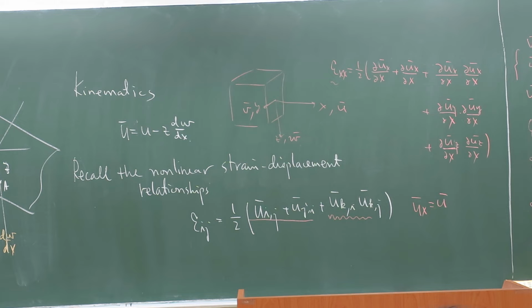Now, right. So for plane problem, the v bar is 0, right?